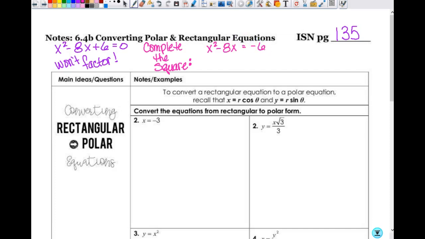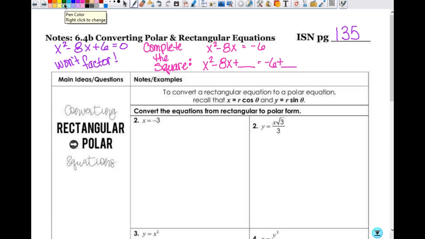Now I'm going to complete the square on the left-hand side, meaning I want a binomial that will square to give me whatever I end up with on the left-hand side. So I will get x squared minus 8x plus something equals negative 6 plus something, because as long as I add it to both sides, I'm good.